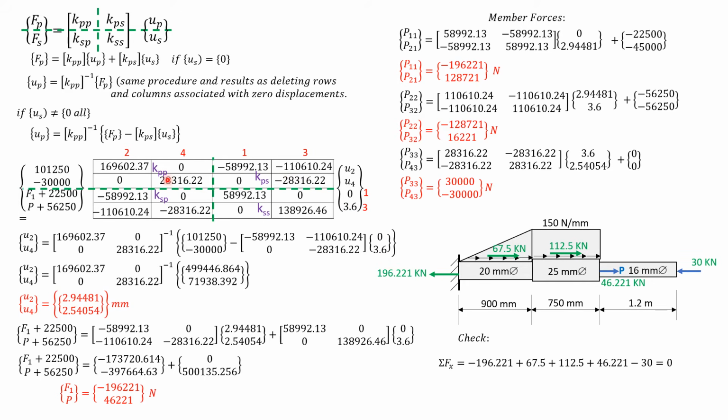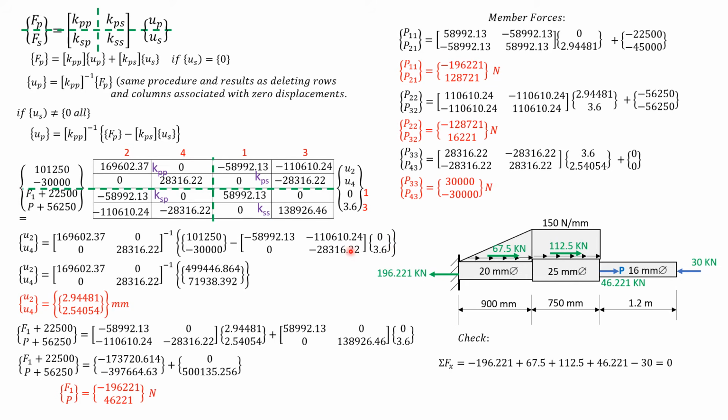So remember how to expand or get the product of two matrices. So we can simplify this value. So we have negative 58,992.13 times 0, it's still 0.